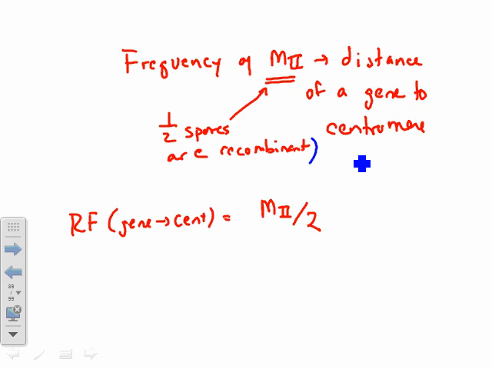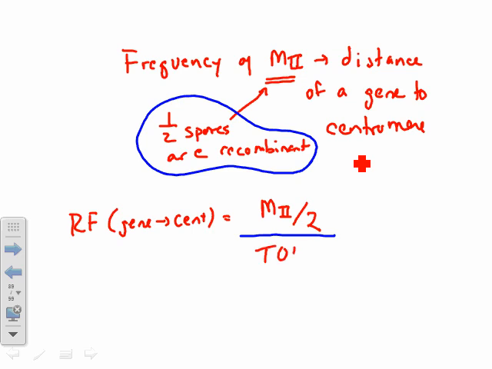Because only half of the spores are recombinant. So every M2 segregation pattern we see, we have to remember only 50% of the products are recombinant. We then divide that by the total number of asci we examine, and that gives us the recombination frequency between a particular gene and its centromere.